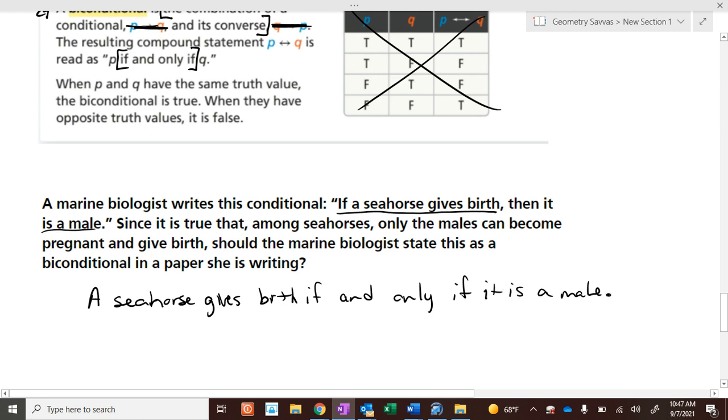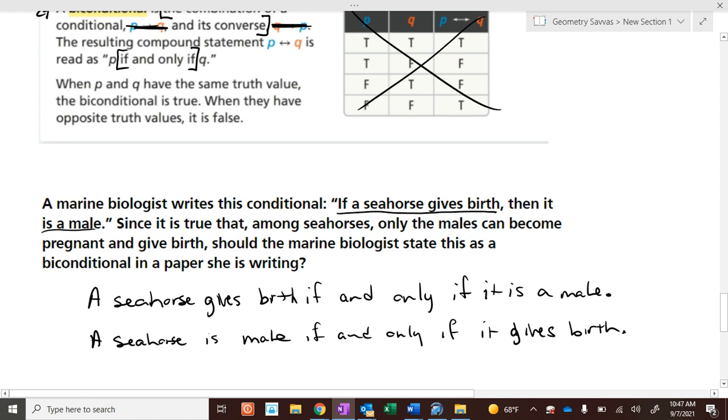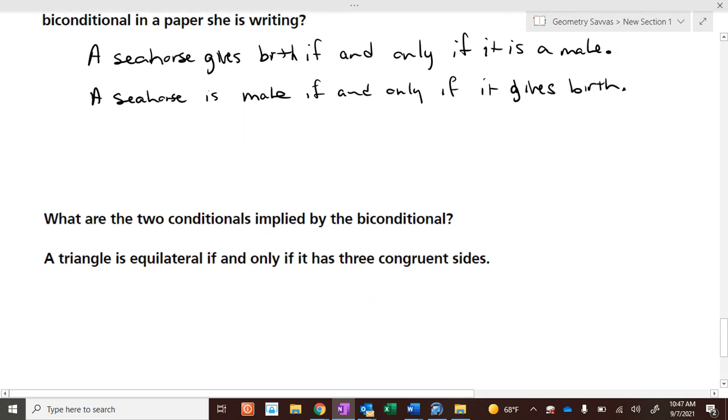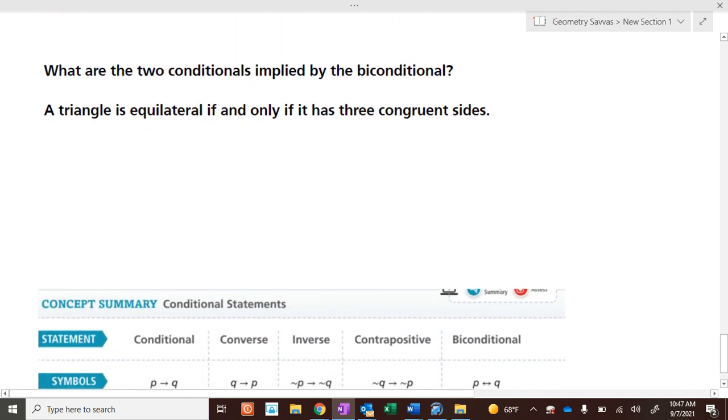That's one way of writing it. Now, could I write a seahorse is male if and only if it gives birth? And the answer is yes. You can state it both ways. All right.